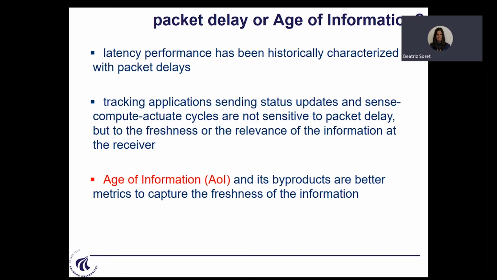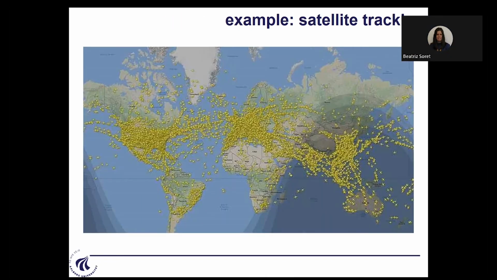For these kinds of applications, in the last years there has been a lot of interest in defining the performance in terms of age of information and some byproducts of this definition, because they are considered to capture the value of the information a bit better. One example for satellite would be when you want to track airplanes.